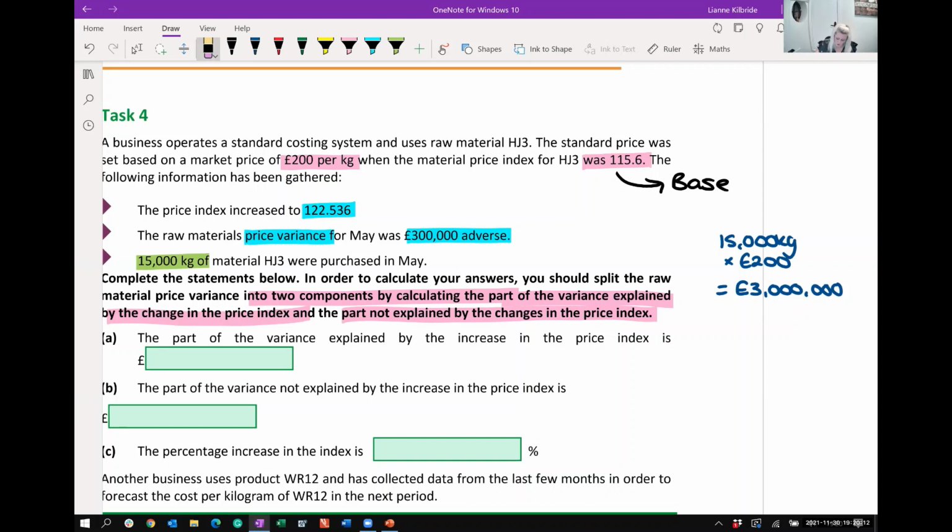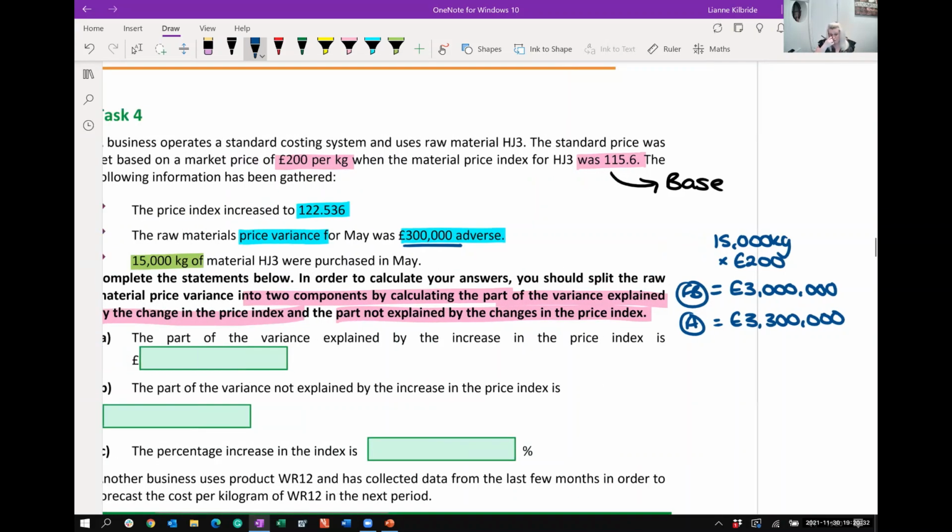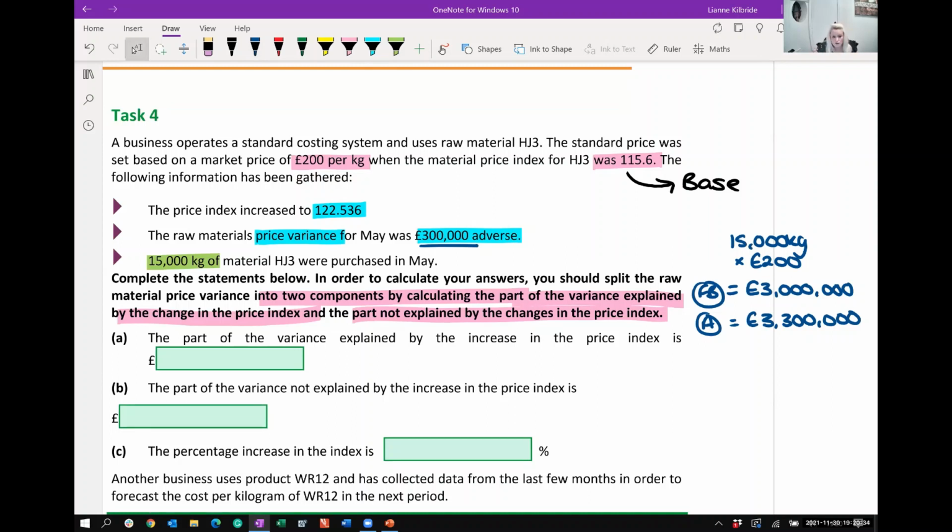However, the question has told us we have a £300,000 adverse variance. So that is what we should have spent, but what we actually spent was £3,300,000. You can see the difference is that £300,000 adverse variance.